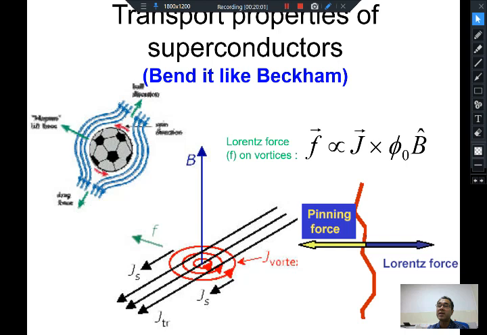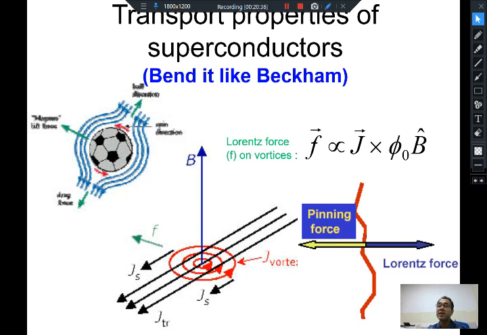So any type 2 superconductor has vortices inside it, and if you send any current through the superconductor, then they start creating dissipation because the vortices start moving around, and motion of these vortices creates dissipation or resistance. Whereas you want to have superconductors with zero resistance, in type 2 superconductors, because you have vortices, when you apply current, they apply a Lorentz force and they start moving the vortices, there are these normal cores which are starting to move, and there is dissipation inside the superconductor.